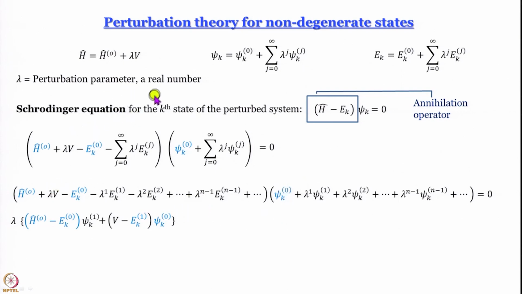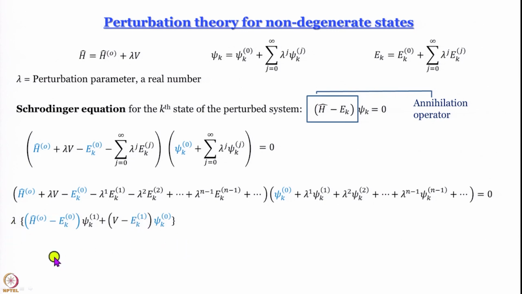Remember, lambda is a real number, a constant, so it will go out when the operators operate. So, lambda v operating on psi k 0th, and there is something else: minus Ek first order, that also is multiplied by lambda, lambda to the power 1, and that also operates on psi k 0th. So, this is what we get.